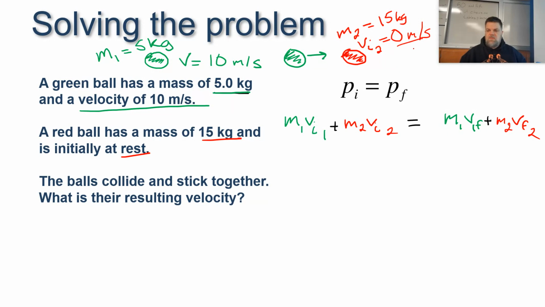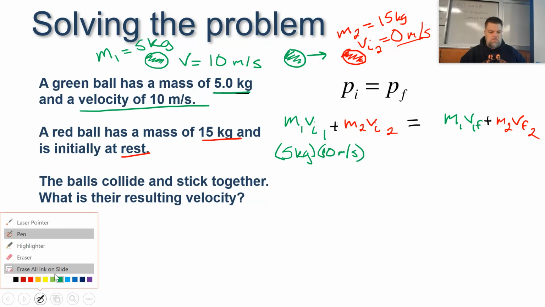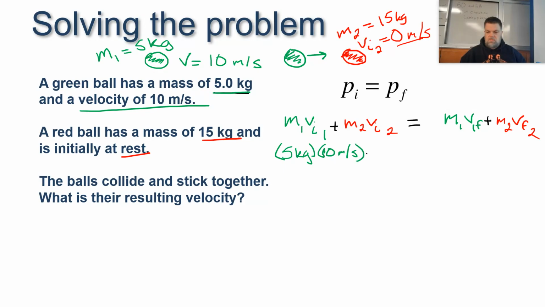Well, because this equals 0, now let's just plug the numbers in, okay? So the mass of the first one is 5 kilograms times 10 meters per second, plus 15 kilograms times 0.